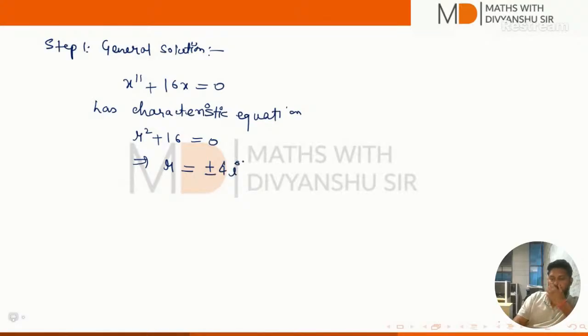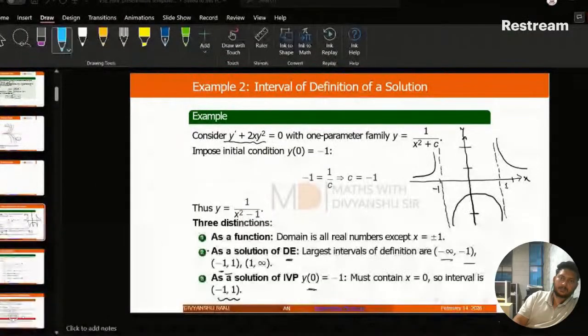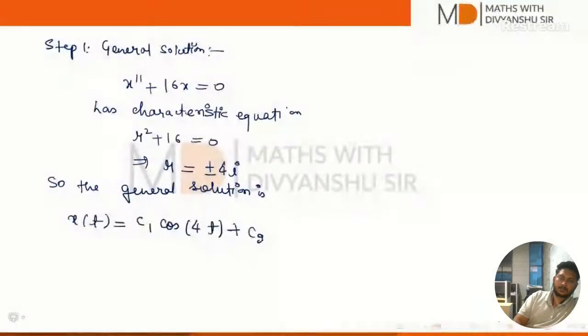So the general solution is x(t) equal to c1 cos 4t plus c2 sin 4t.